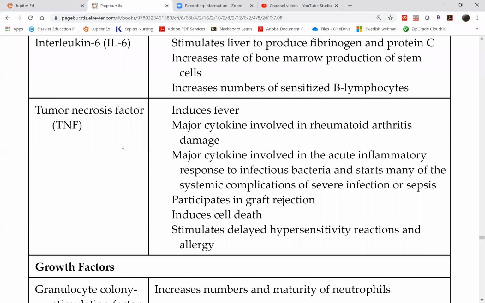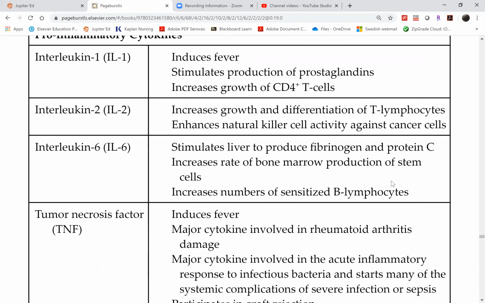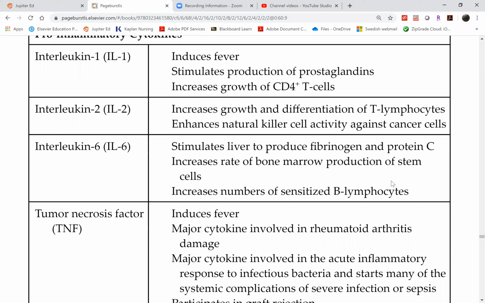You've probably seen the commercial that goes, before starting Humira, your doctor should test you for TB or tell your doctor if you have TB or are prone to having TB. All right, you've seen those commercials, right? Because if you inhibit tumor necrosis factor, this is the very cytokine that stimulates your lymphocytes.